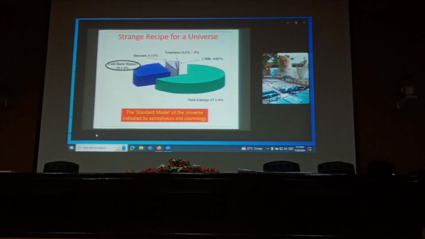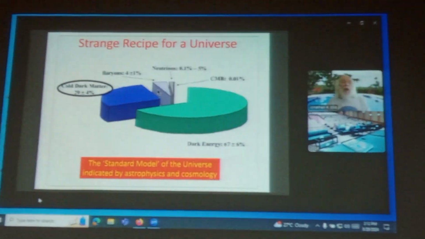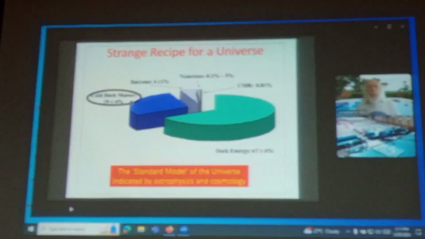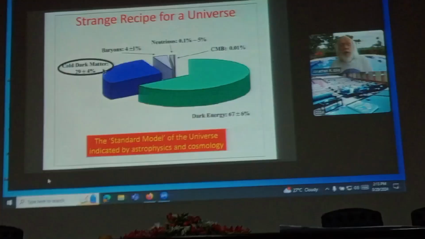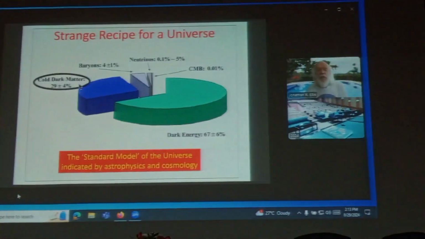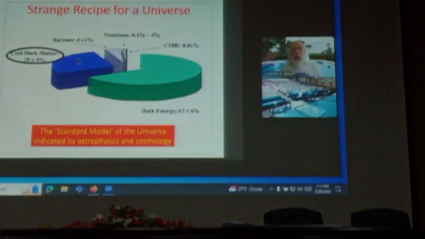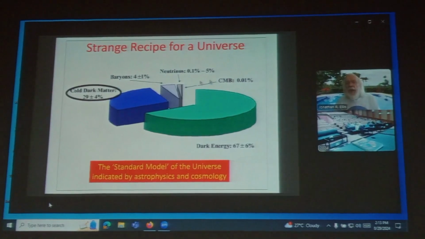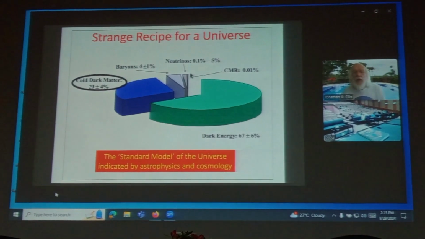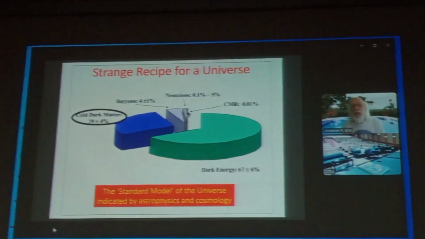Let's look at the composition of the universe. The cold dark matter makes up a larger percentage, somewhere between 25 and 30%. So much more than the regular matter. Other things like the microwave background itself and neutrinos make up a much smaller percentage.